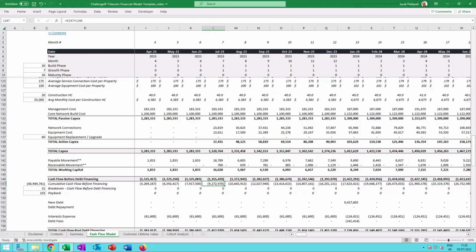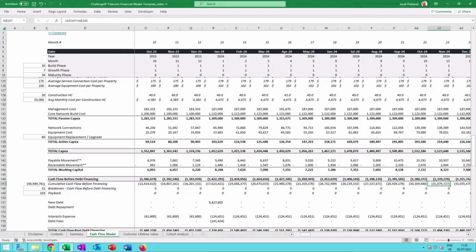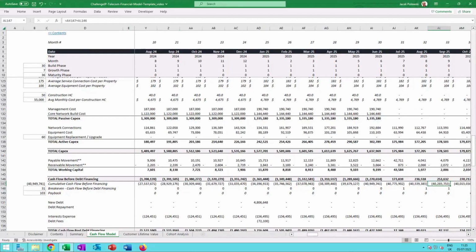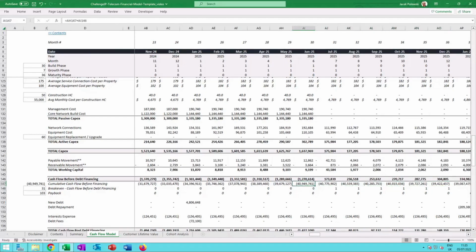So this will give me an approximation of how much cash deficit, or later on hopefully surplus, I have in my bank account. That minimum here is the amount of money that you will need in order to fund your business plan.